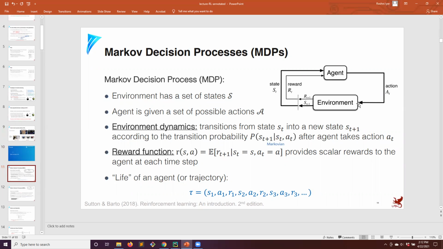It then takes an action, and after that, the agent obtains a reward, and then it transitions to the next state at t+1.